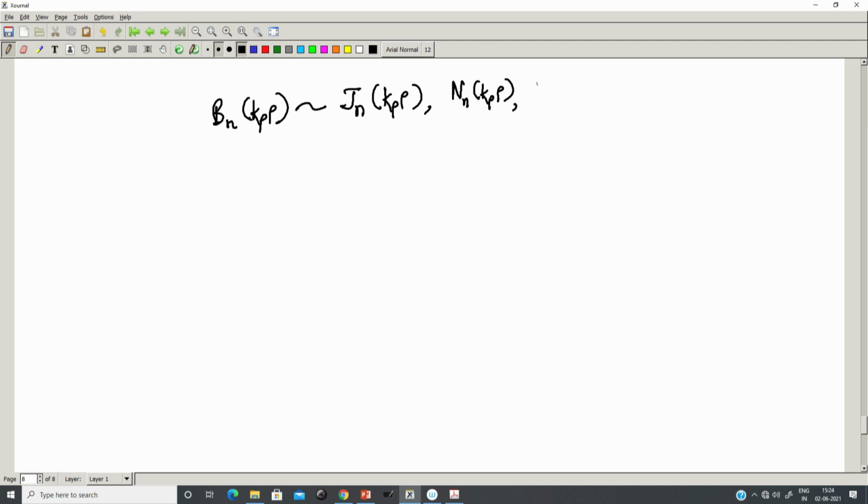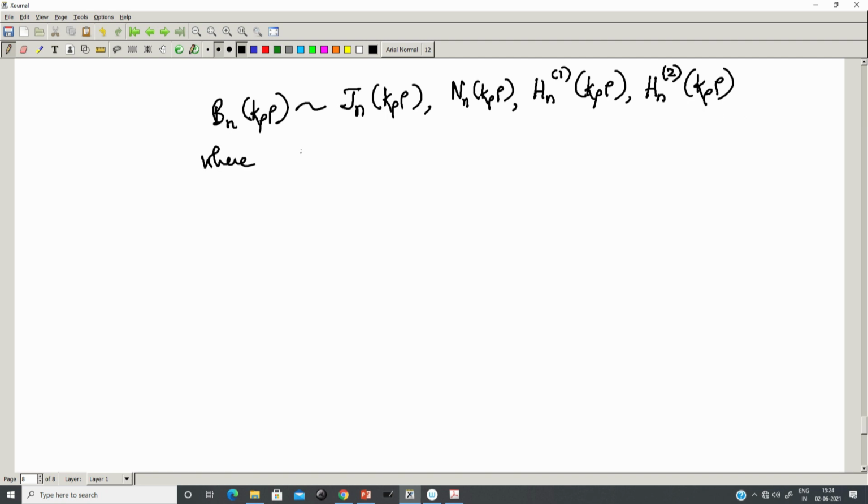It can take the form of H n 1 k rho rho, which is the Hankel function of the nth order of the first kind, and H n 2 k rho rho, which is the Hankel function of the second kind.